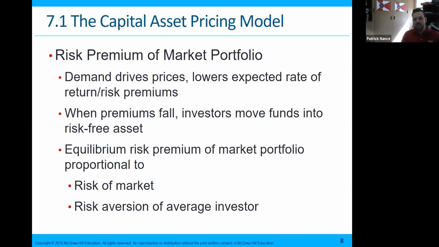When premiums fall, investors move funds into risk-free assets, where they can have a return with little or no risk of losing their investment. The equilibrium risk premium of the market portfolio is proportional to the risk of the market and the risk aversion of the average investor. So that's where those two lines cross. That's where our equilibrium will occur.